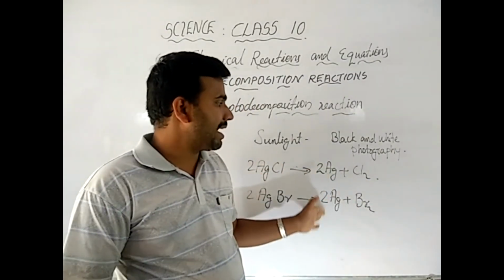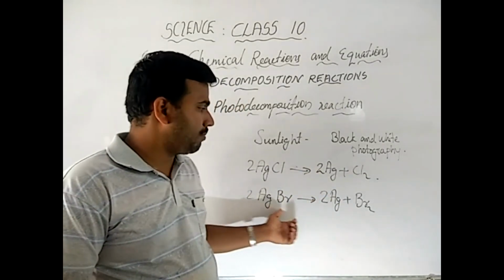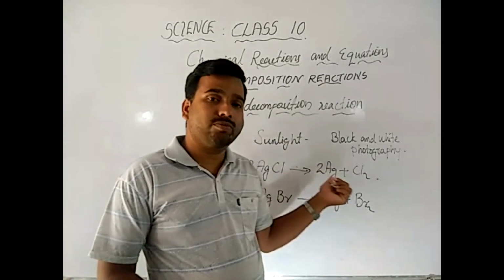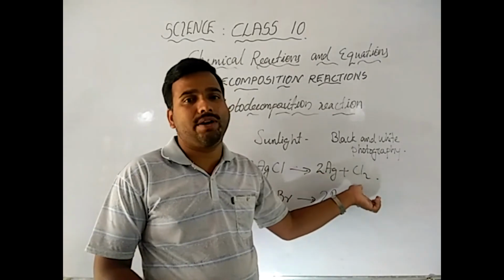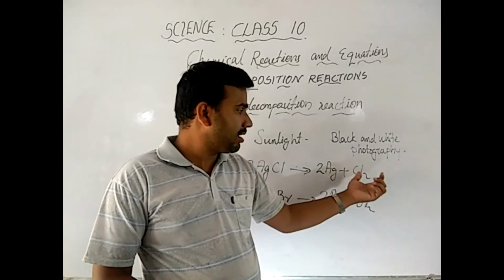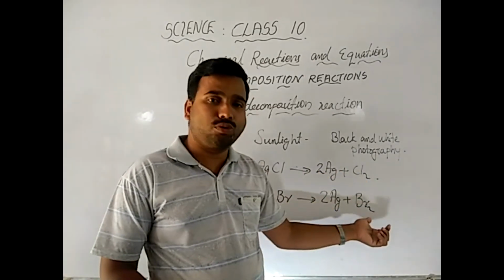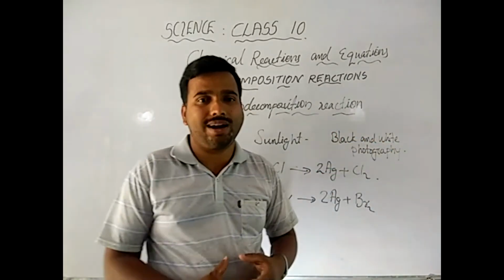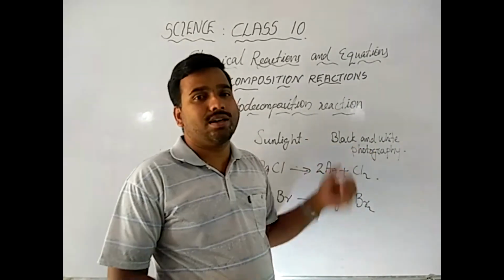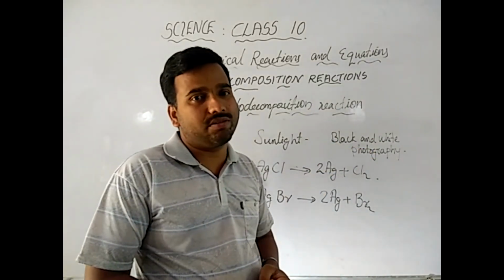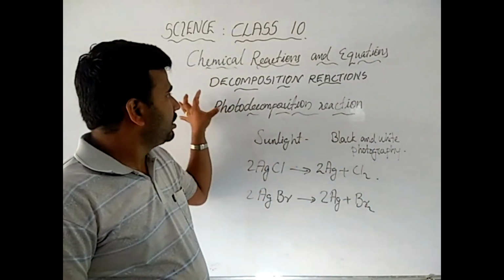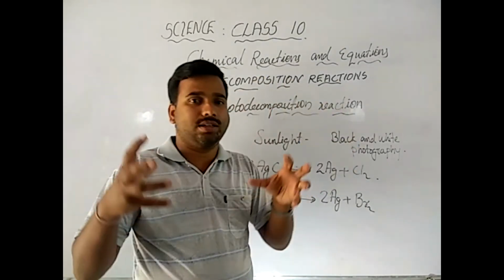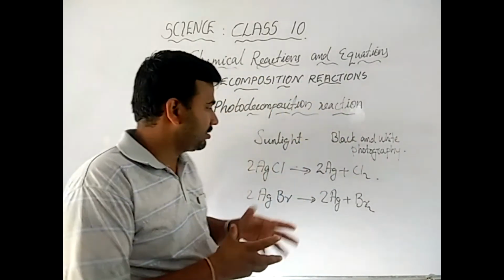In these chemical reactions, silver chloride and silver bromide break up to give silver and chlorine gas, and silver and bromine gas. This reaction was widely used in earlier days in black and white photography. In this type of reaction, light energy is used.